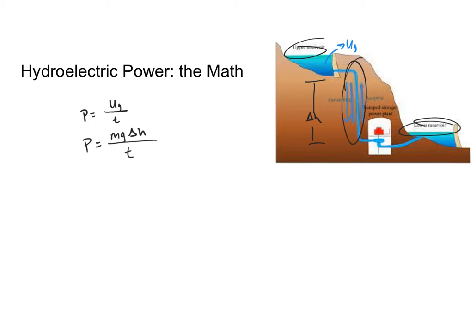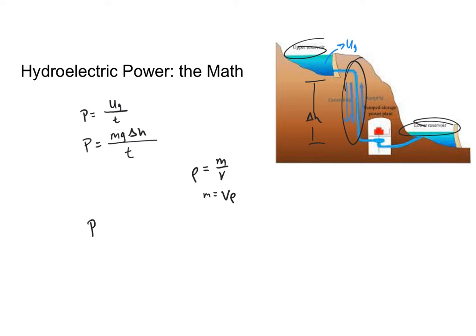Now, one thing you should know is that we usually don't measure water by mass. Instead, we'll look at the volume of water passing through. I know that my density is equal to mass over volume. Therefore, the mass of water that passes through my power plant at any given time is equal to the volume passing through times the density of water.